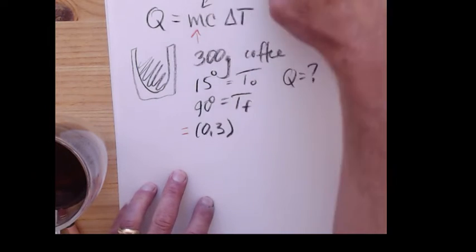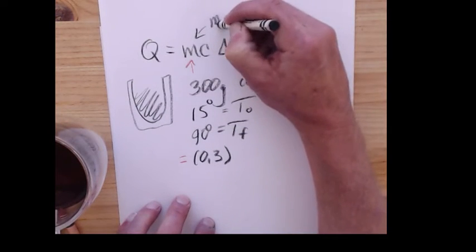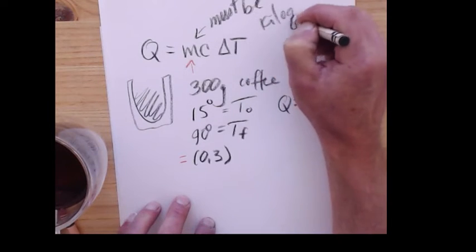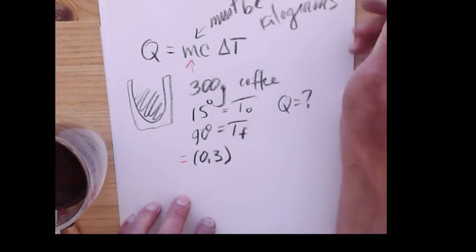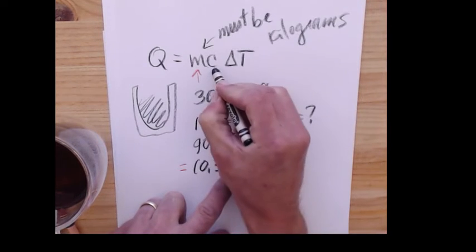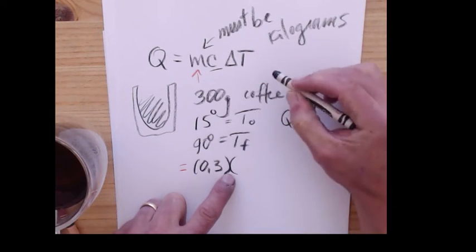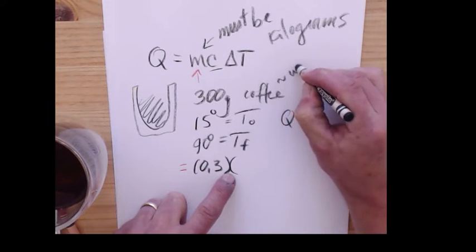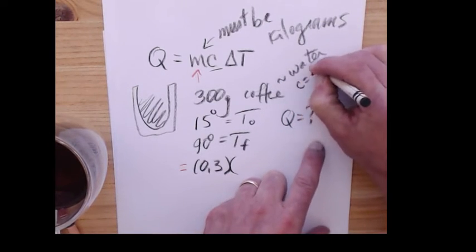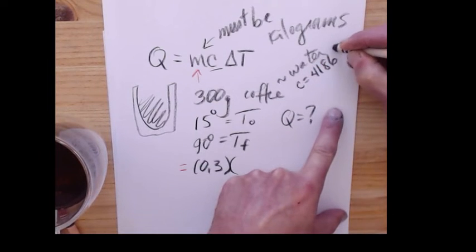It must be kilograms, 0.3. This is coffee, which is pretty much water. And the c of water is 4186 joules per kilogram Kelvin.